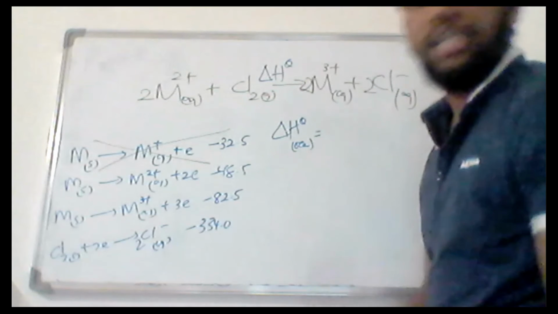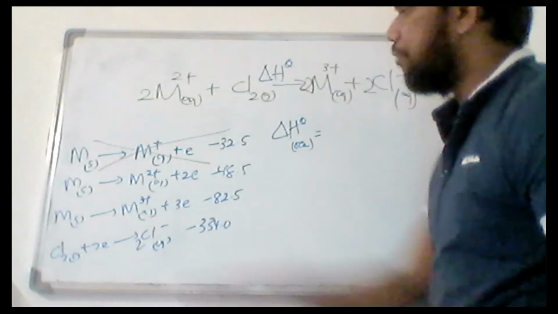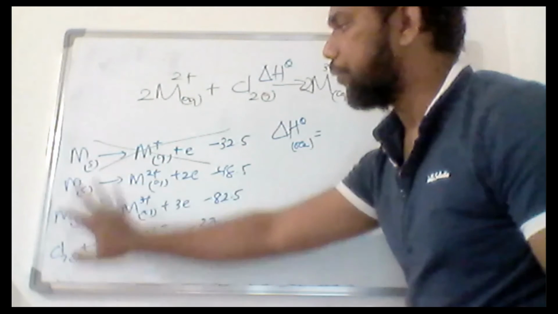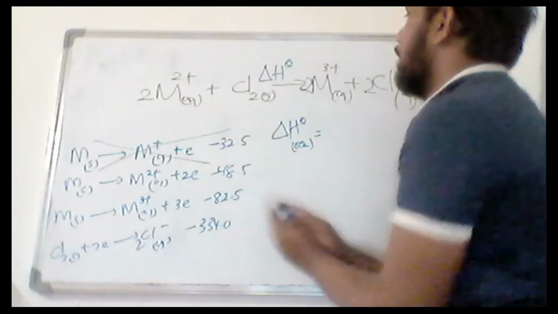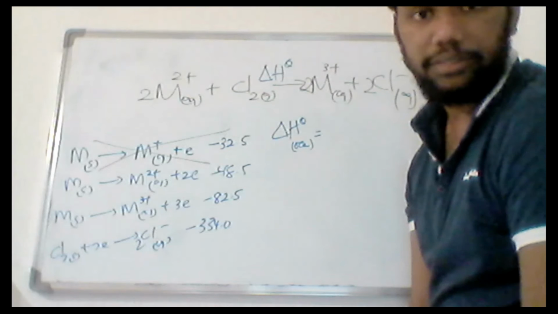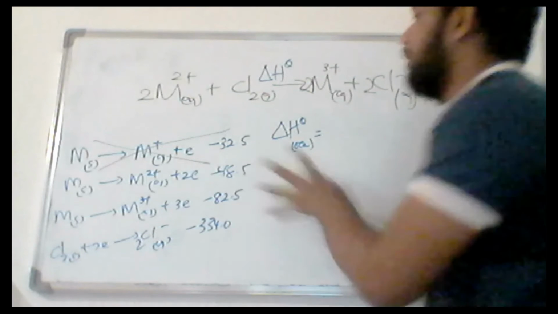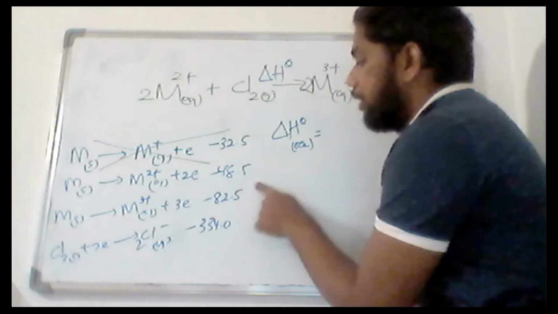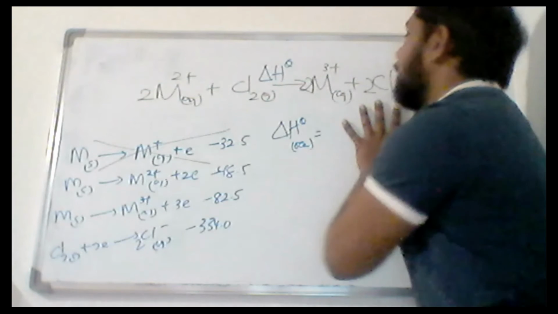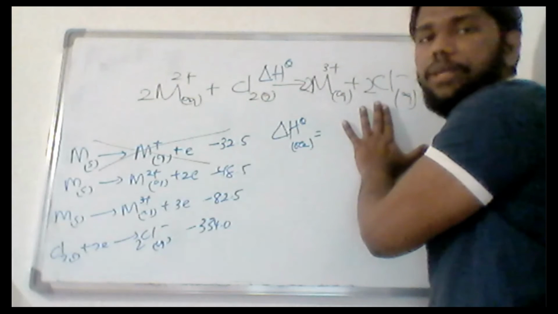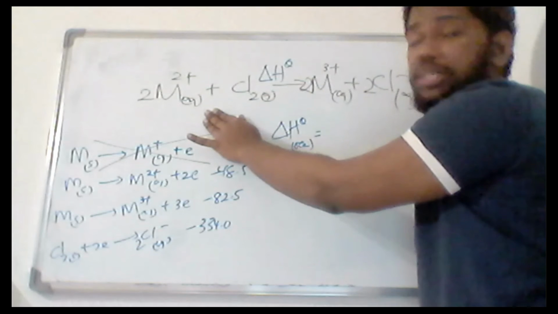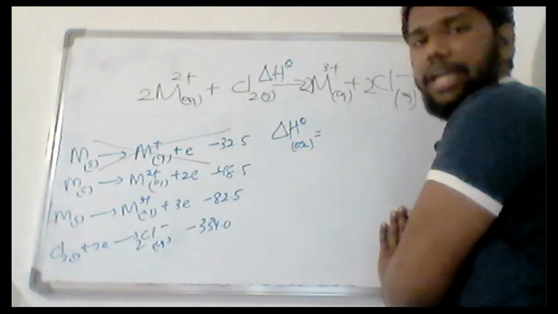That gives me the idea: when you react M solid with Cl2 to form these, how do you write it? Typically, by using these three data, you need to find the enthalpy of formation of M3+ and Cl-, and subtract the reactants from this to find the enthalpy of the reaction.